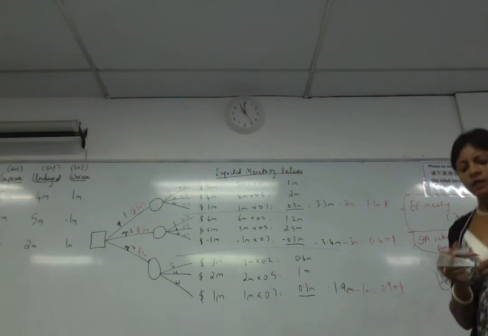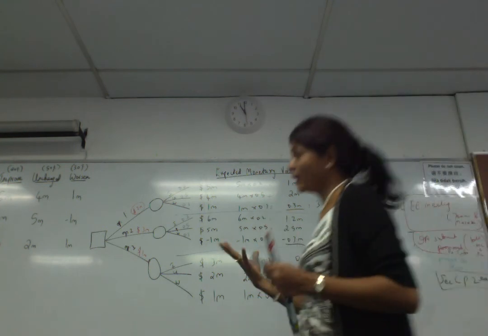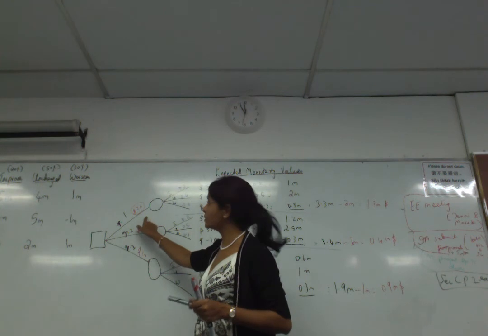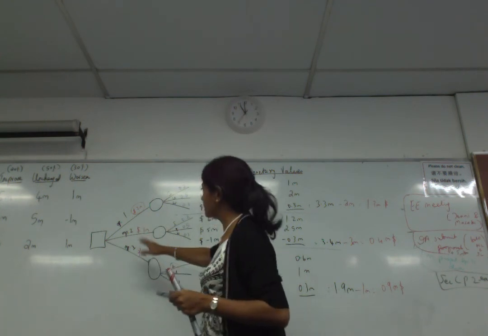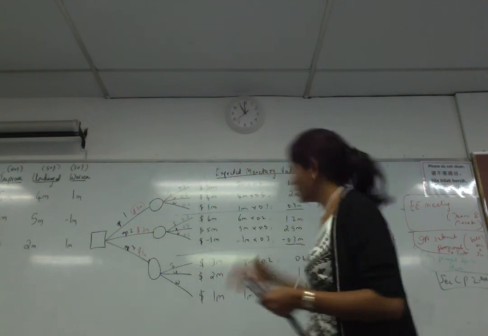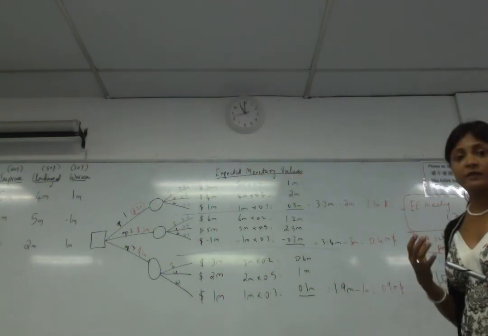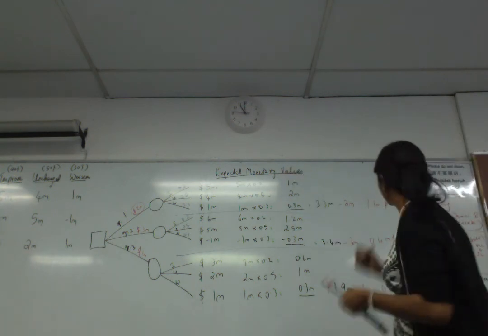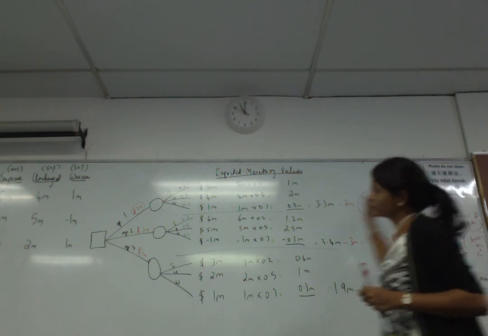So you expect that if you were to renovate, you're going to spend $1 million, but if you bought new players, you're going to spend $2 million, and if you were to build the stadium, you're going to spend $3 million. Once you do this, you go with the one that is giving you the highest expected monetary value, and that's going to be, in this case, undoubtedly option 1.